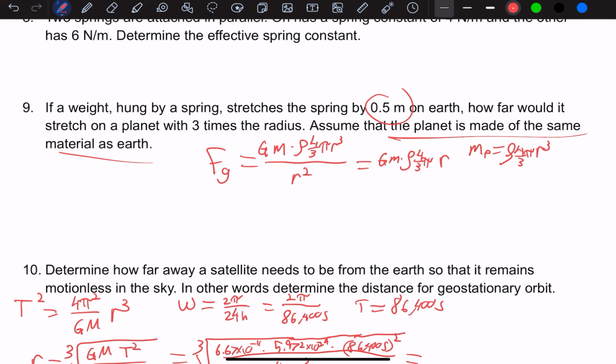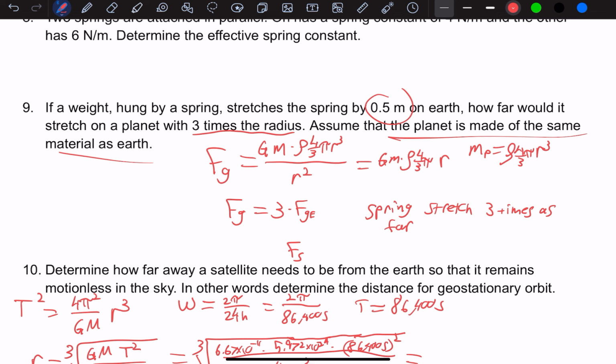So if the radius is 3 times as large, that would mean that the force of gravity must equal 3 times the original force of gravity on Earth, which means that the spring must stretch 3 times as far.